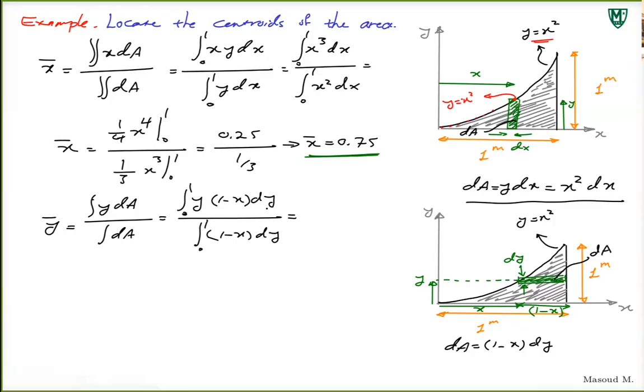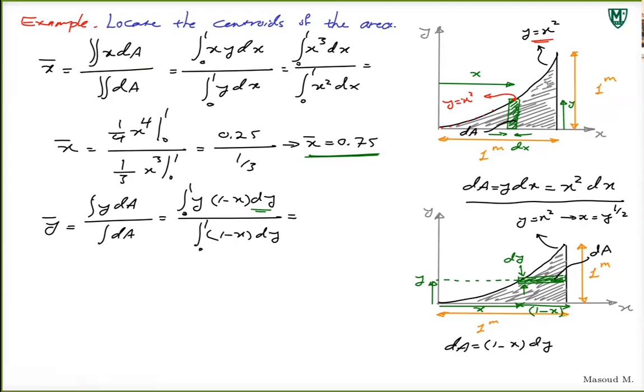Now, this is the integral with respect to y, so we have to get rid of that x to be able to calculate this integral. What is x? We are given the relationship between x and y. If y is equal to x squared, that means x is equal to the square root of y, or y raised to 1 over 2.